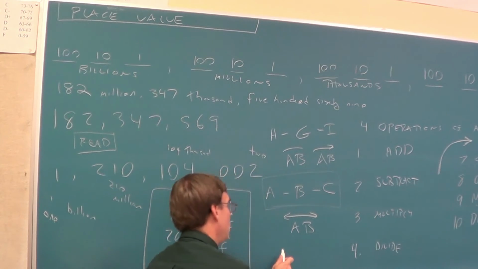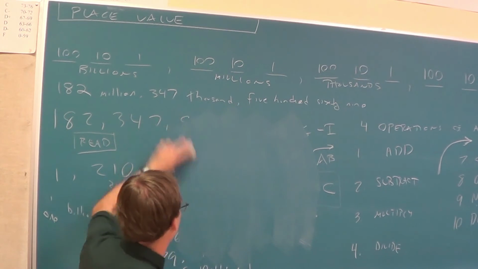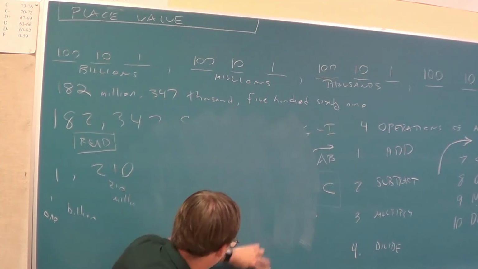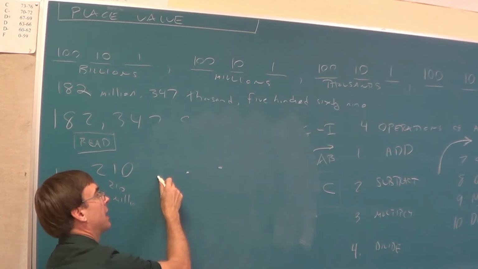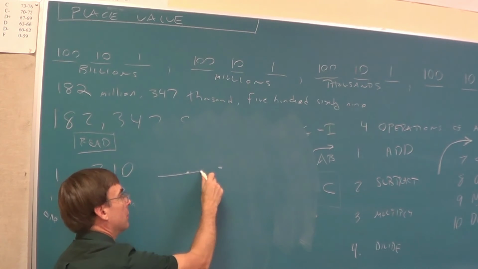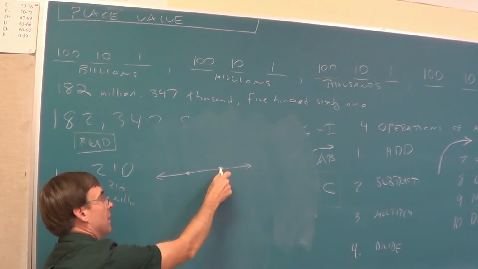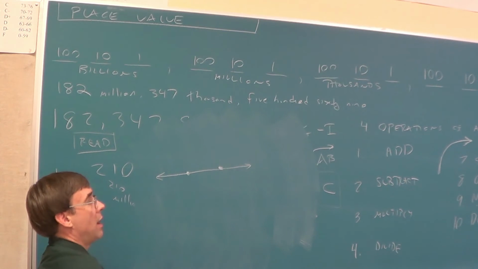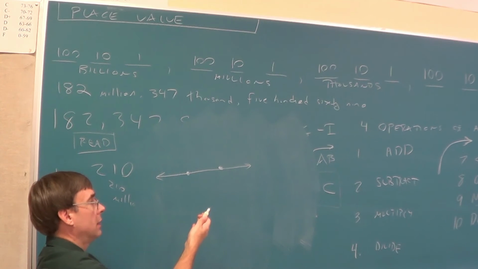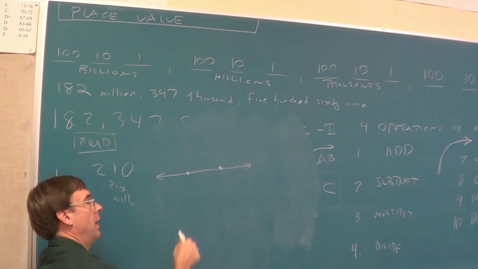Like 2 points determine a line, because the line postulate said so. If I have 2 points and I try to connect them with a line, that is the only choice that I have. There are no other ways to do that. There's only one way to do it. 2 points determine a line.